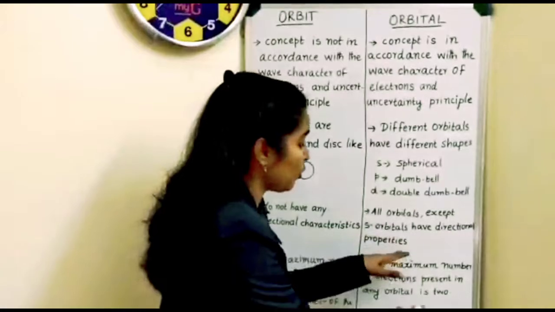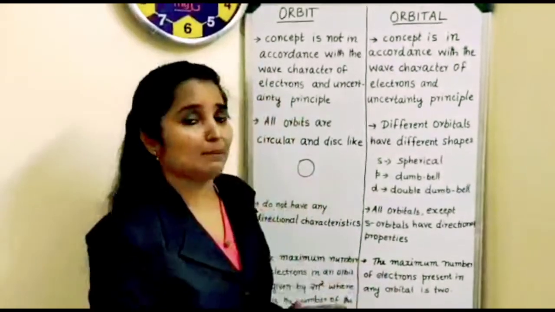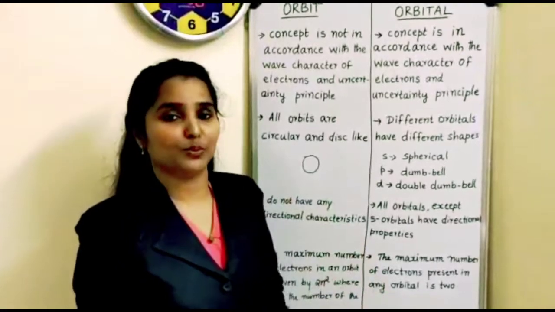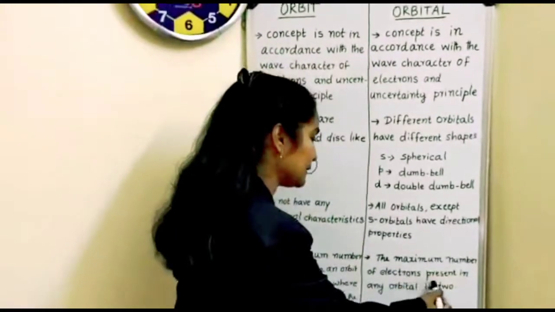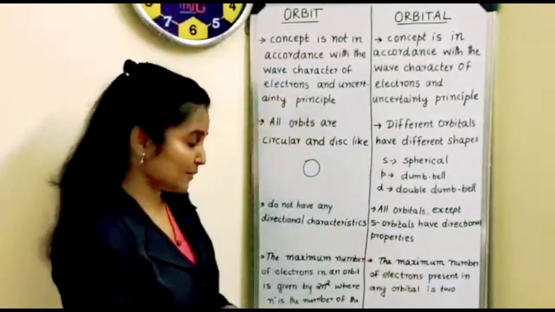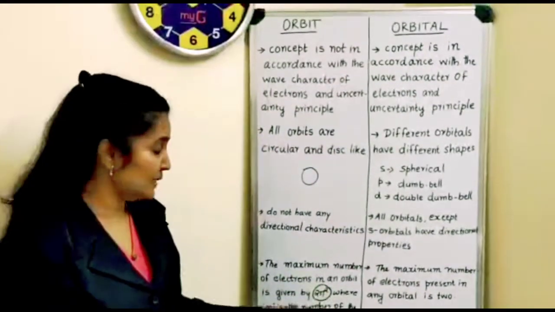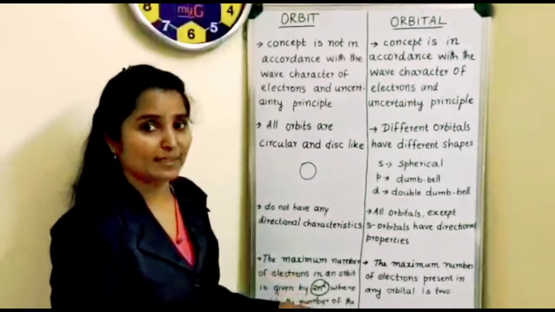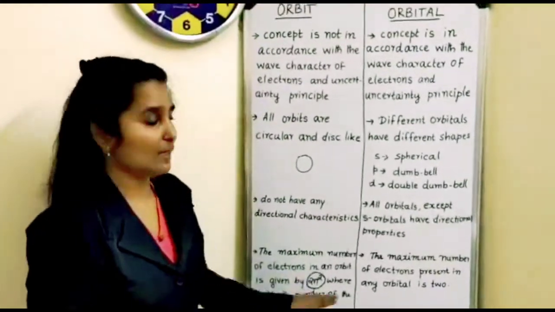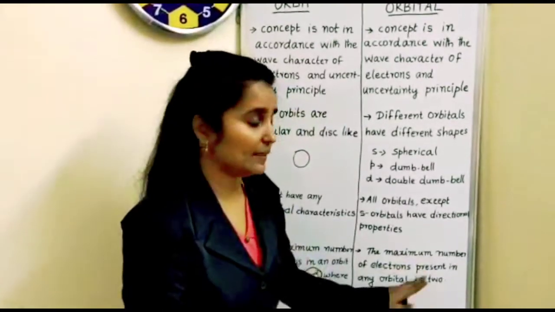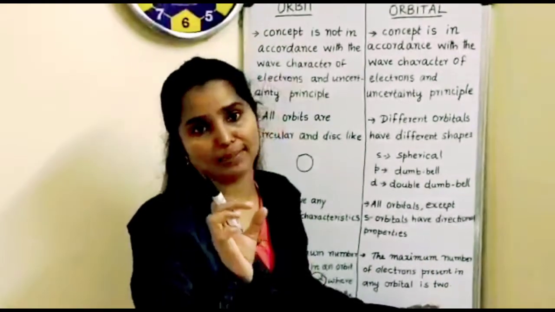But in the case of an orbital, the maximum number of electrons present in any orbital is 2. In an orbit, the number of electrons should be calculated using the equation 2n square, but in the orbital, it is not like that. Any orbital you take will contain only 2 electrons.